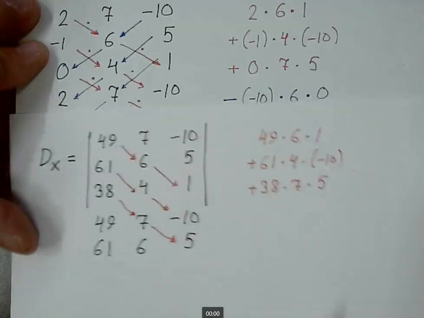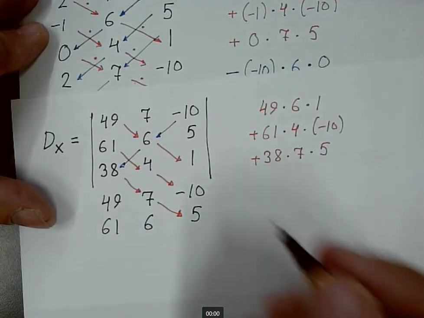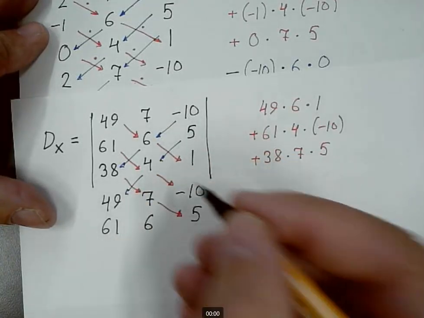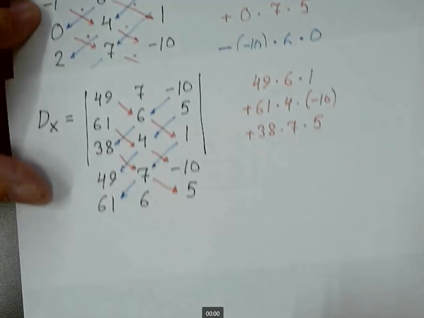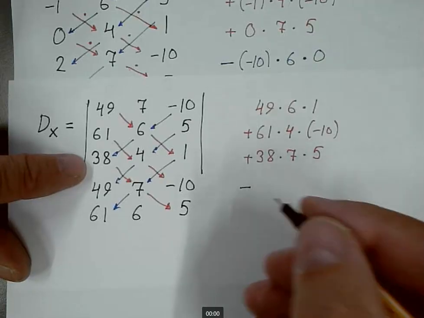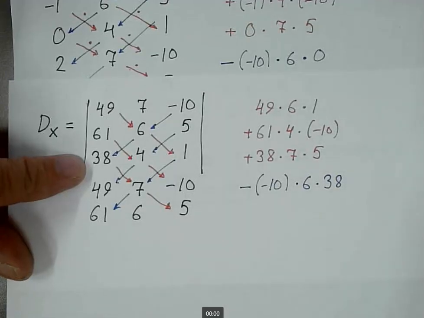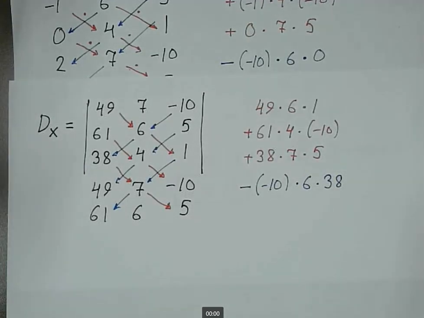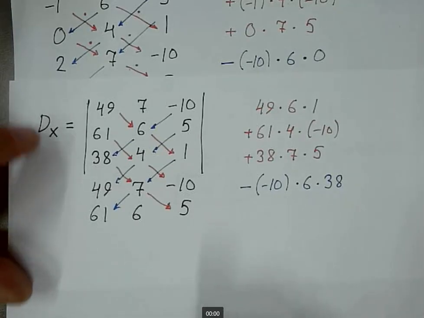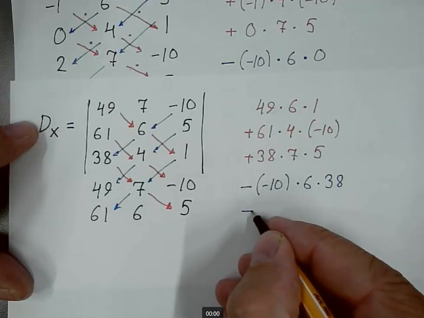And then we have the negative direction. These numbers here, these numbers here, and these numbers here. Minus 10 times 6 times 38. These are quite big numbers there. I won't try to multiply those in my head. I will use my calculator soon, but I will write the products first in this paper.